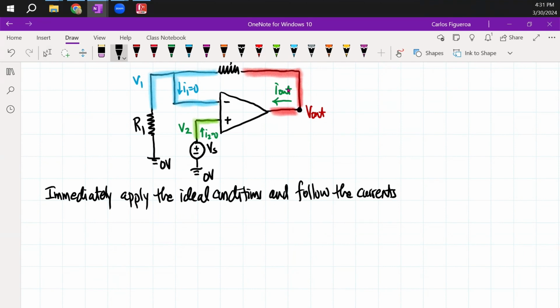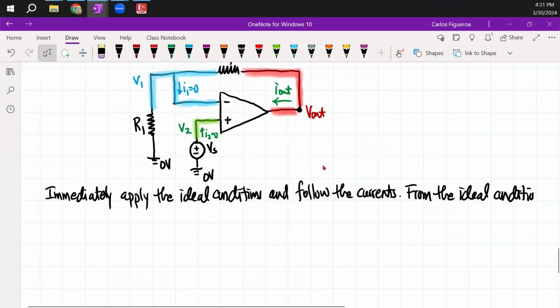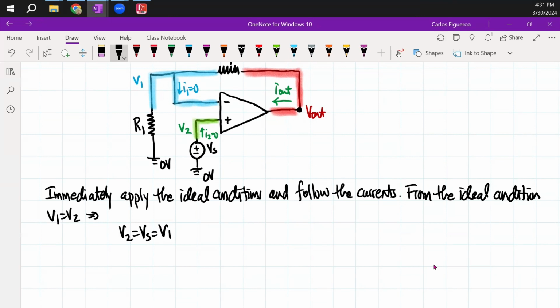What we see is that from the ideal condition, V1 equals V2. This immediately tells us that V2, since it's equal to V source, is the same as V1. So in other words, we can replace V1 with V source immediately.